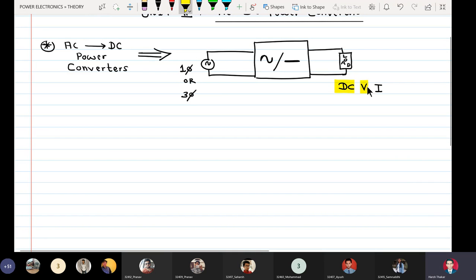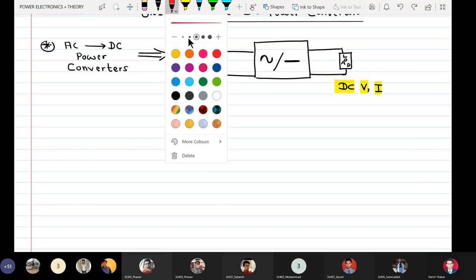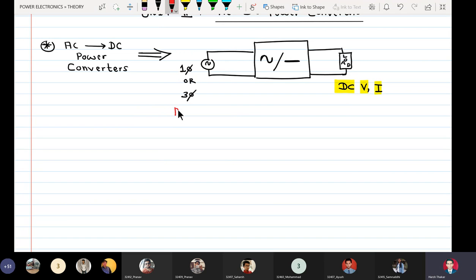So input has to be a pure AC sine, and at the output it can be any waveform which has a non-zero average content, or if we filter it, we can have a pure DC.